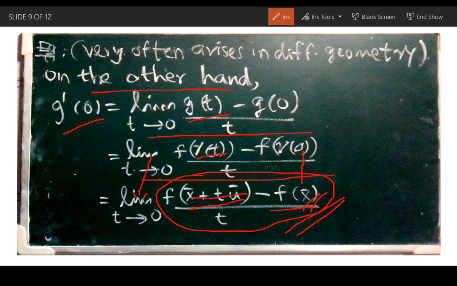X plus tu is a point in the direction of u. So this limit represents the rate of change of f at the point x in the direction of u only. So this is Rn or R2. This is the point x. If this is the vector u, then x plus tu will be somewhere here or here.